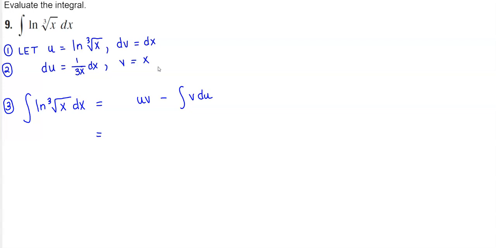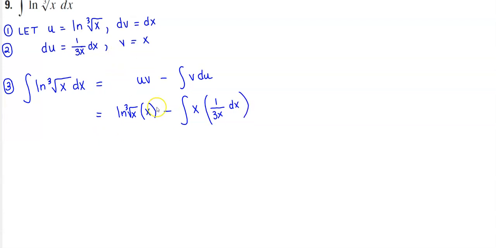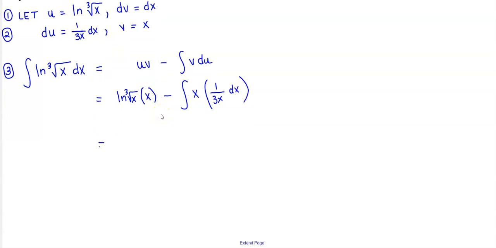So we know that u is the natural log of the cube root of x, and we're going to multiply it by v, which is x, minus the integral of v, which is x, times du, which is 1 over 3x dx.